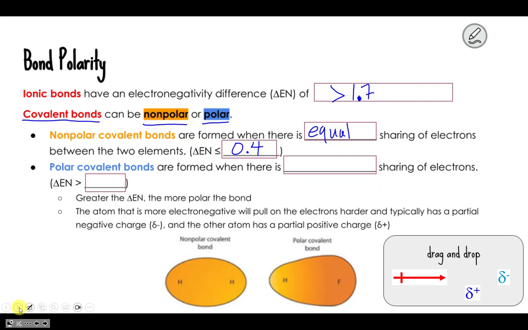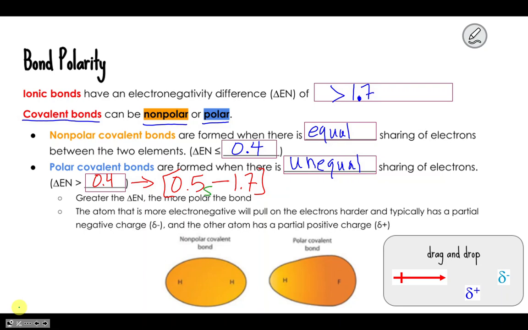Polar covalent bonds are formed when there is an unequal sharing of electrons, and the electronegativity difference is greater than 0.4. So basically, polar covalent bonds go from 0.5 to 1.7. This is our range. 0.5 is considered slightly polar, whereas 1.7 would be considered extremely polar.